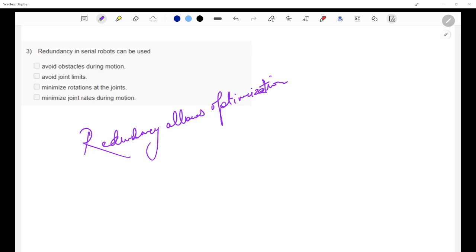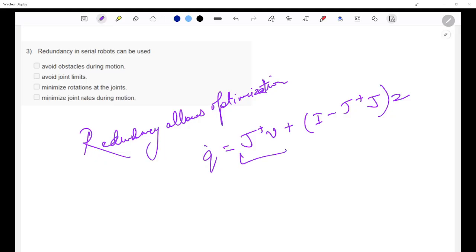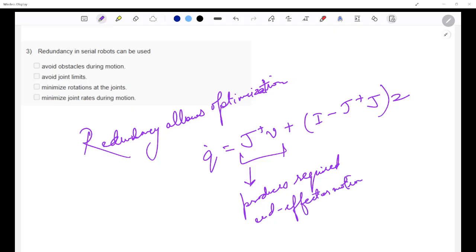So, for redundant robots, q dot is the Jacobian pseudo-inverse times x dot, plus I minus the pseudo-inverse times the Jacobian, times some vector. The first term produces the required end effector motion, and the second term produces null space motion.